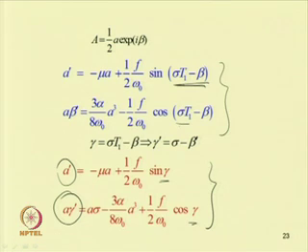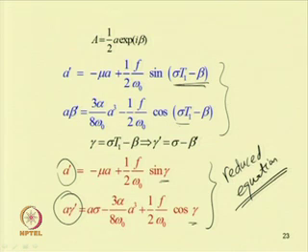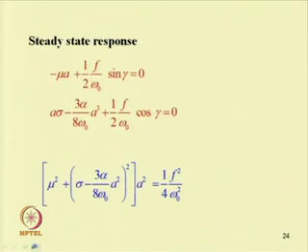These two first order equations, which are obtained by applying the method of multiple scales on the original second order differential equation, are known as the reduced equations. In these reduced equations, to obtain the steady state solution, we have substituted a dash equal to 0 and gamma dash equal to 0. Then we got these two conditions.